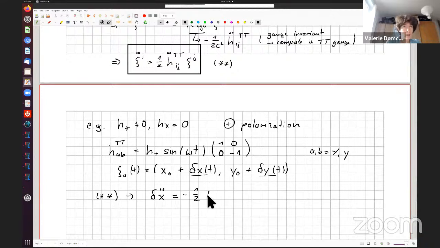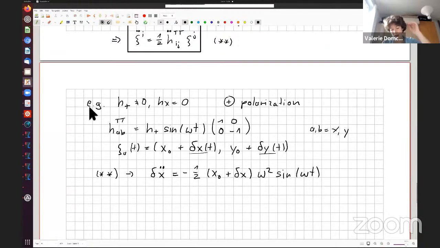And then we just get the function back. From the two derivatives, we get an omega squared sine omega t. Now I'm interested in small deviations, so delta x should always be much smaller than x, so we can drop the delta x part.